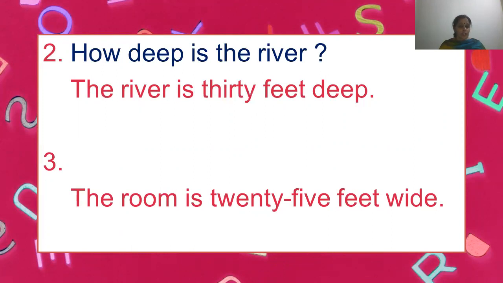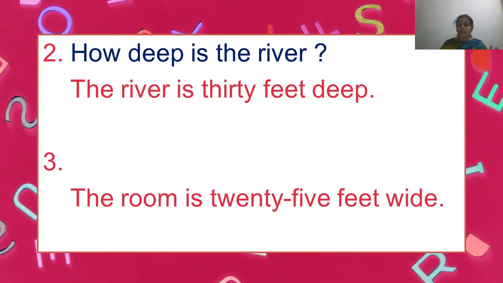The room is 25 feet wide. So the answer here is 25 feet, right? And the question has to begin with how. We are describing the room, right? 25 feet wide is the adjective here.